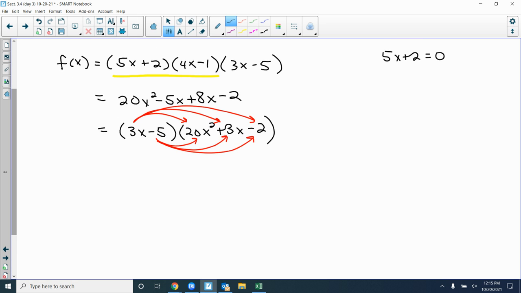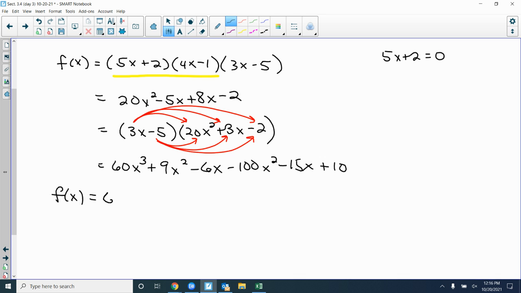And let's see what we get. 60x cubed plus 9x squared minus 6x minus 100x squared minus 15x plus 10. And so I get f of x equals 60x cubed minus 91x squared minus 21x plus 10.